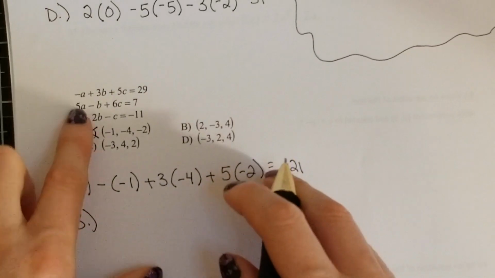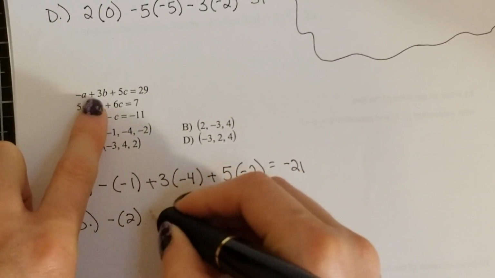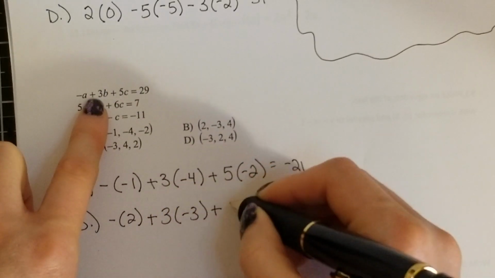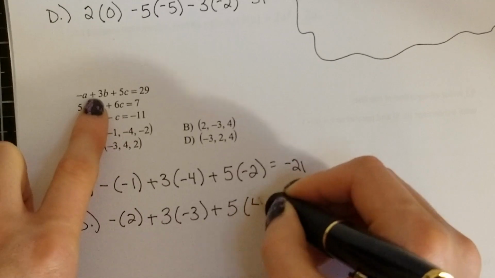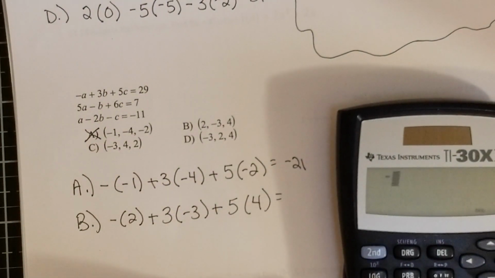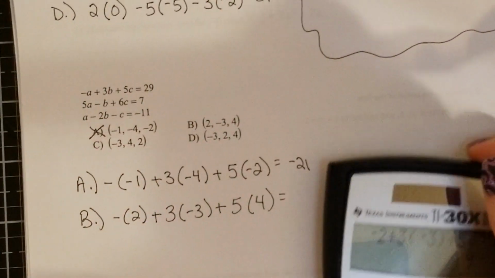Okay, check out B. So we have negative 2 plus 3 times negative 3 plus 5 times 4. Okay, we're going to plug that in. Okay, so that gives me 9.